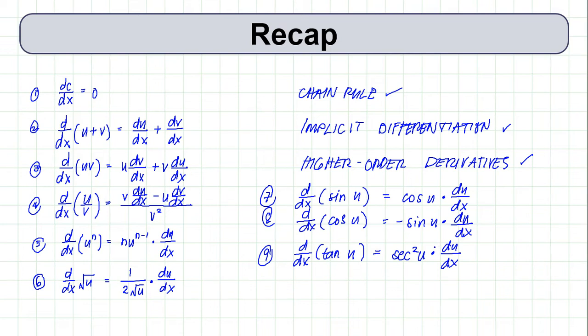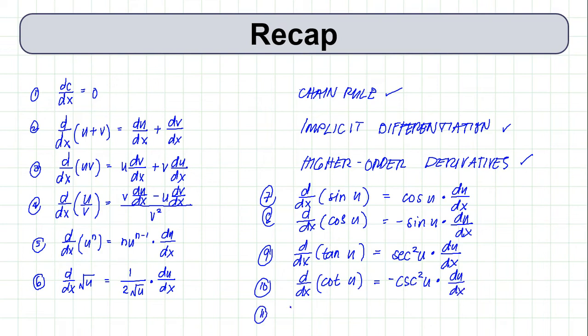We will not solve these anymore; memorize our formulas by heart. Let's add cotangent, the opposite of tangent. The derivative of cotangent u with respect to x is negative cosecant squared u times du dx.